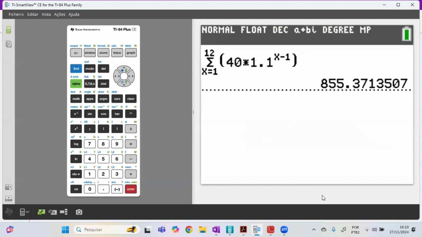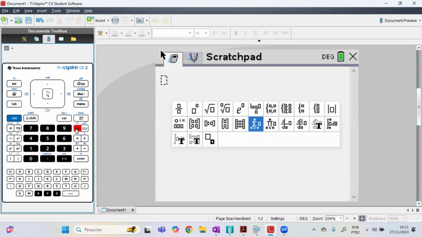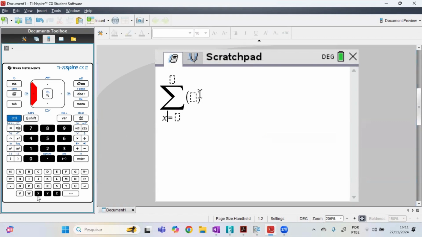And on the Nspire, in the normal screen, there is a button here, and then we select sigma. And then again, we use any letter we want, let's say X, from X equals 1 to 12.